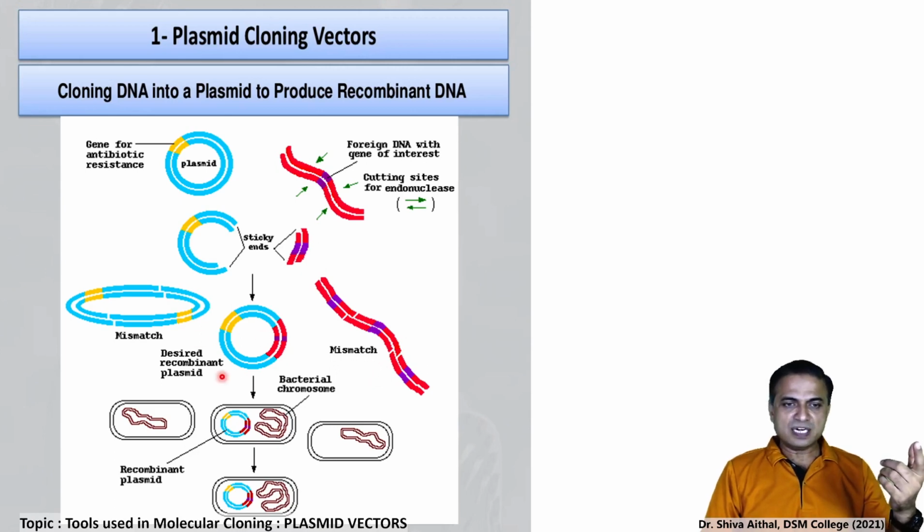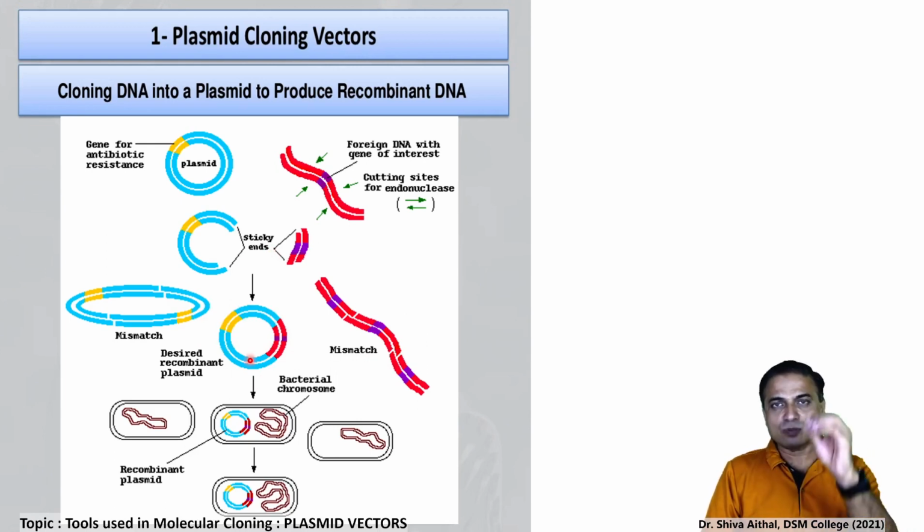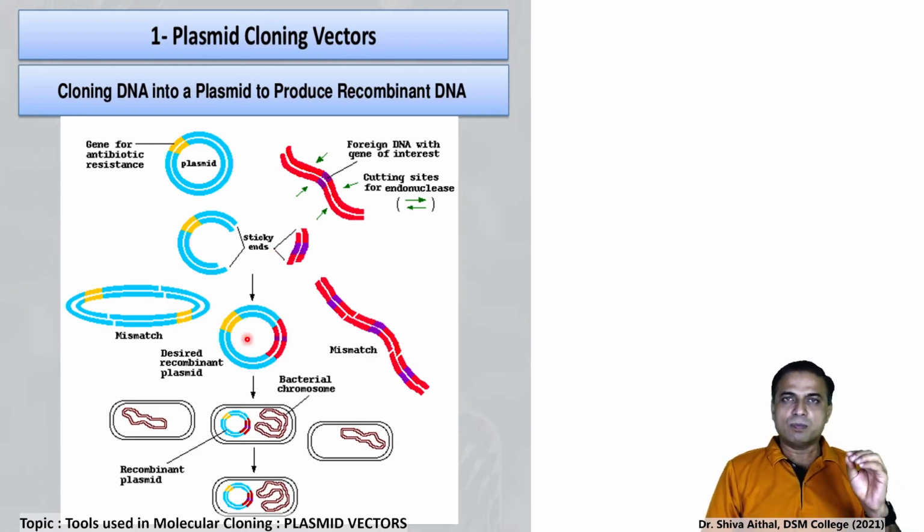Once you get a perfect recombinant DNA molecule, which is made possible only with the help of a plasmid or another vector, this has to be introduced into a host, a bacterial cell which will have its original wild type characters.